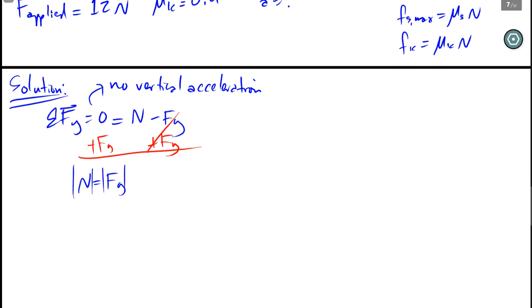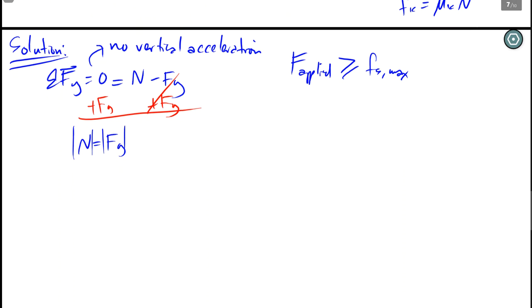Okay, and here's our clincher: is the applied force going to be greater than or equal to the maximum of the static friction? Let's find out. Let's work with the maximum of the static friction, because this is equal to 0.5 times the weight, which now we know is simply 40 newtons.